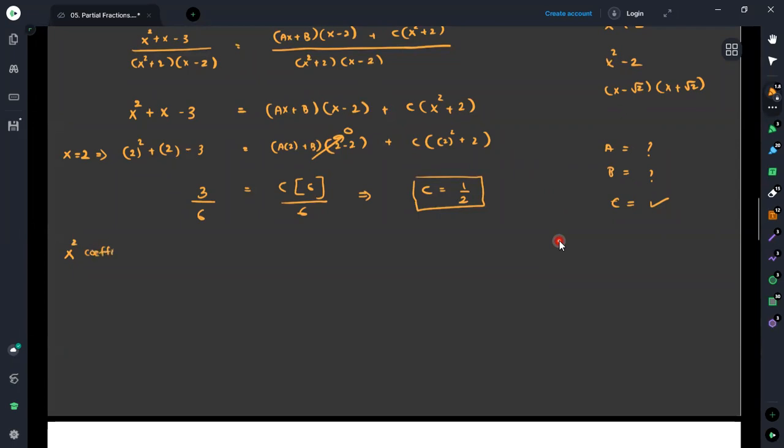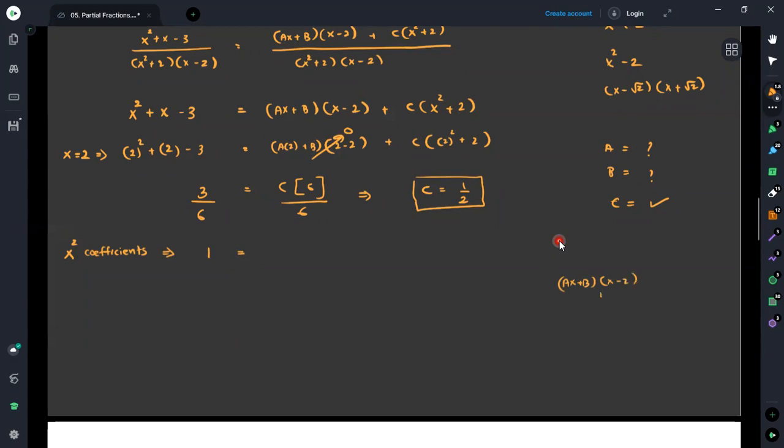If I consider the coefficients of x squared, on the left hand side we have x squared multiplied by 1, so the coefficient is equal to 1. On the right, we need to find the terms from the multiplication of (ax plus b) into (x minus 2).